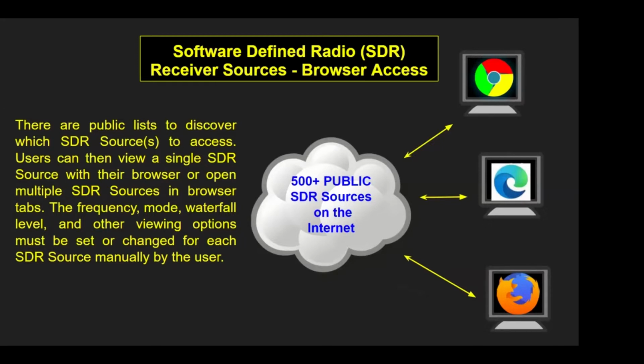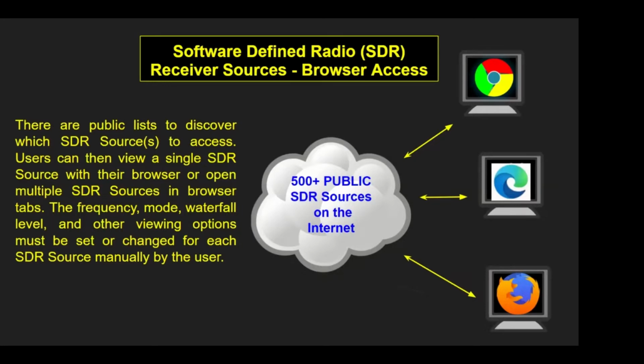With your browser, you can access one or more of them. If you want to access more than one, you can open multiple browser tabs in your browser and have one on each tab. But the frequency and the mode and the other options, the waterfall level, would have to be changed for each source manually by the user.